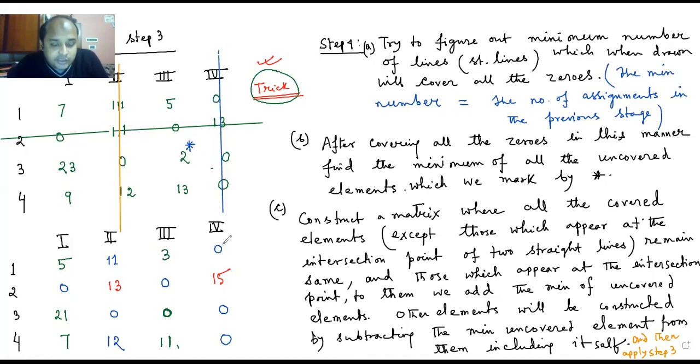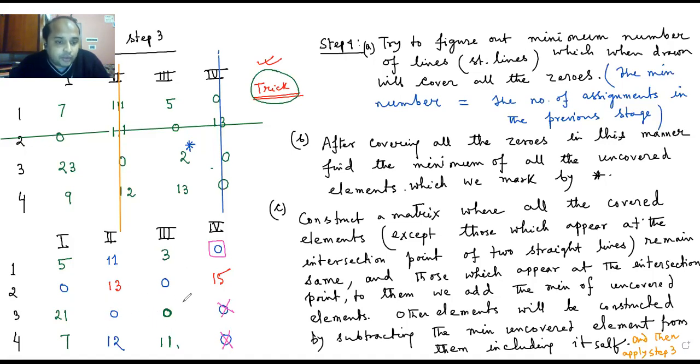First, this is the 0. I'm going to assign it in this manner: cross, cross. Come to the next row. The next row contains 2 zeros, so no assignment. Then come to the next row. No assignment, because that contains 2 zeros.